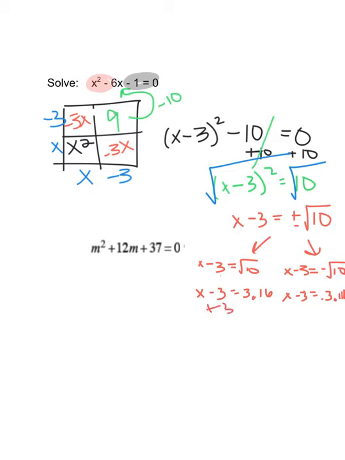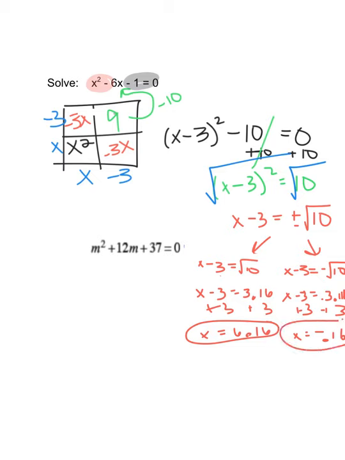Then from here we can add 3 on both sides. So we get an answer of 6.16 or negative 3.16 plus 3 is negative 0.16.